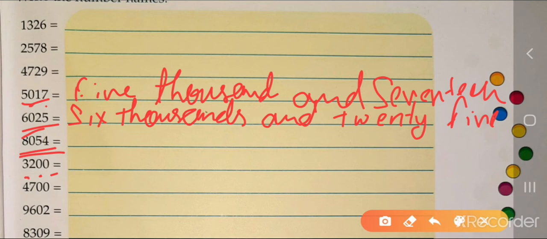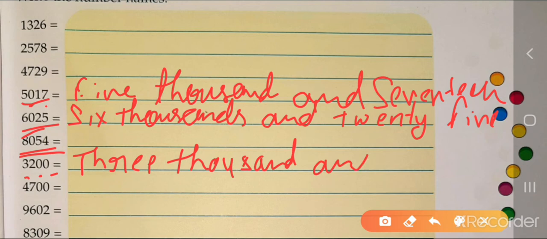What is on the thousands place? 3. So write 3,000 and 200. Okay, again 9,602.